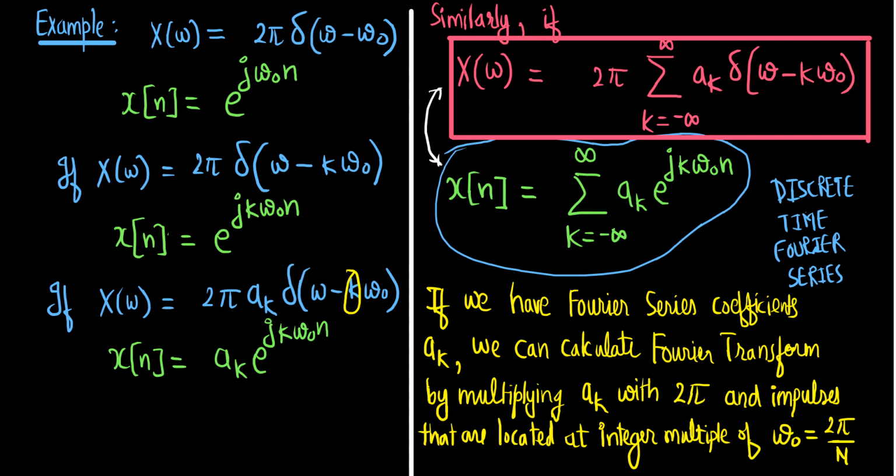Let's take an example. Say for example x of n is equal to cos of 2 pi by 5 n.